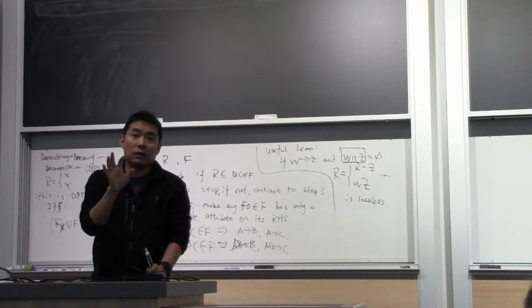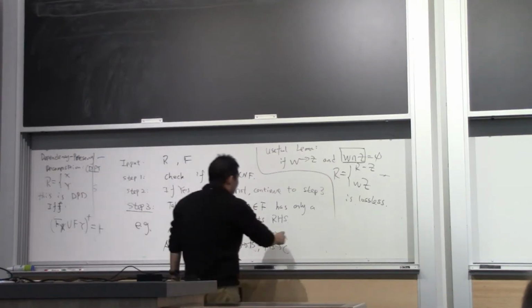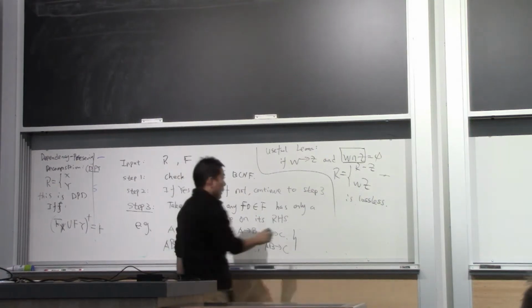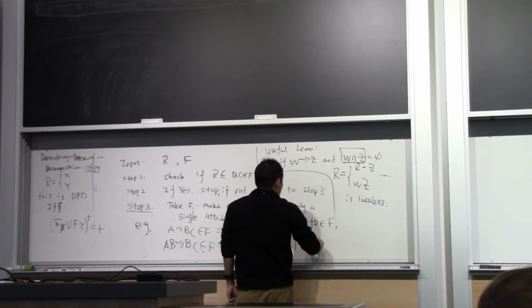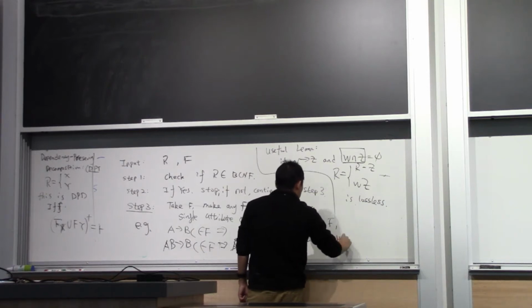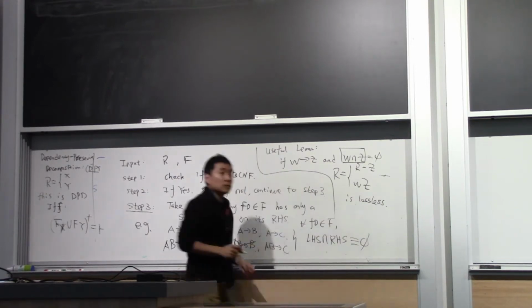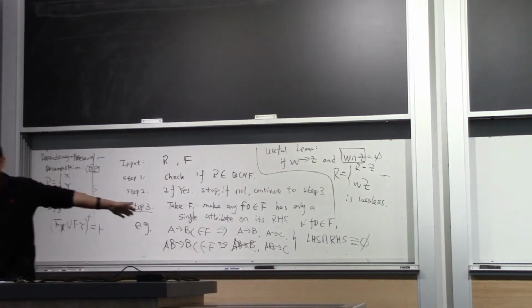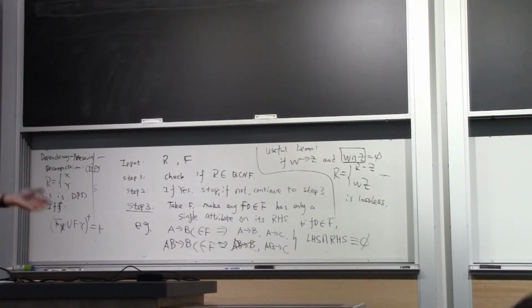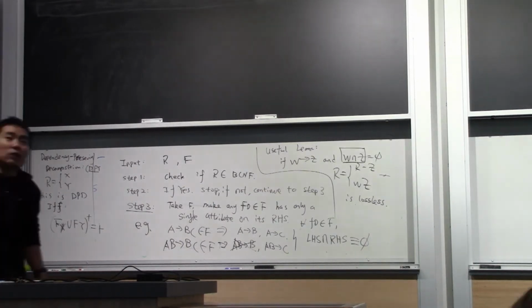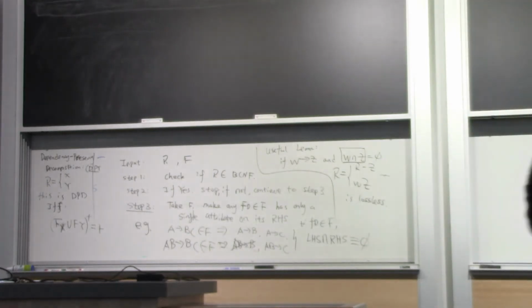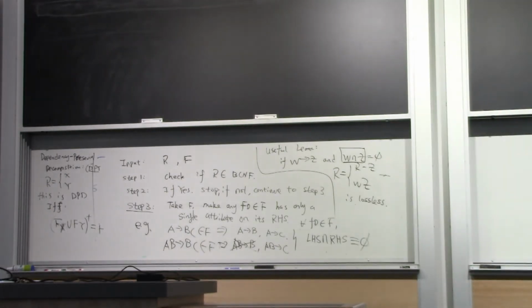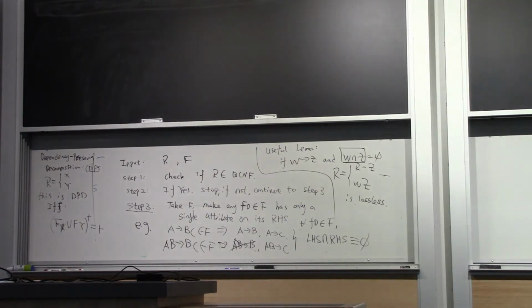You follow this? The significance is that after this step, for any functional dependency in F, its left-hand side intersect right-hand side is guaranteed to be an empty set. Because you decompose the right-hand side into a single attribute and you get rid of trivial functional dependencies, the right-hand side must not be a subset of the left-hand side, which means the intersection of right-hand side and left-hand side must be the empty set.